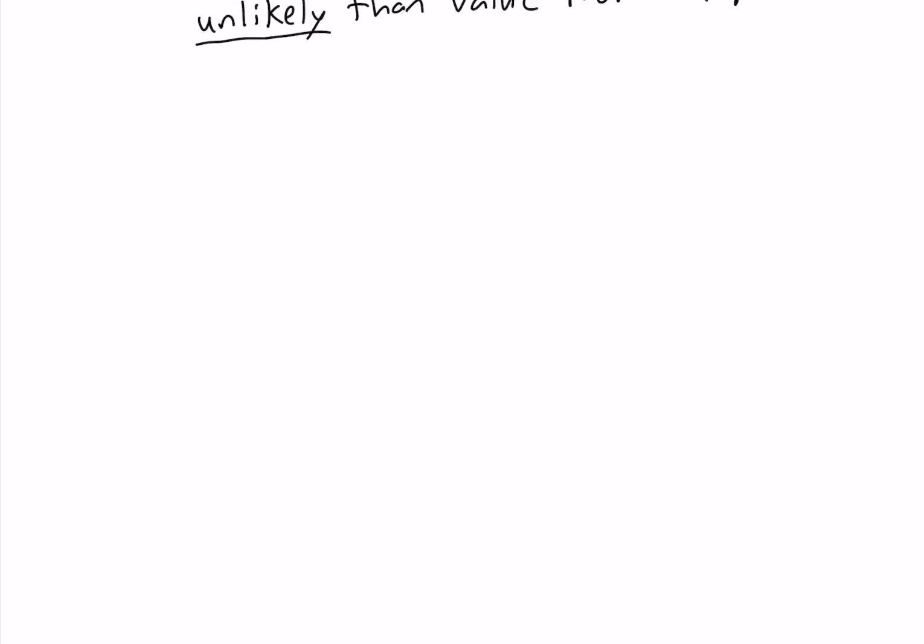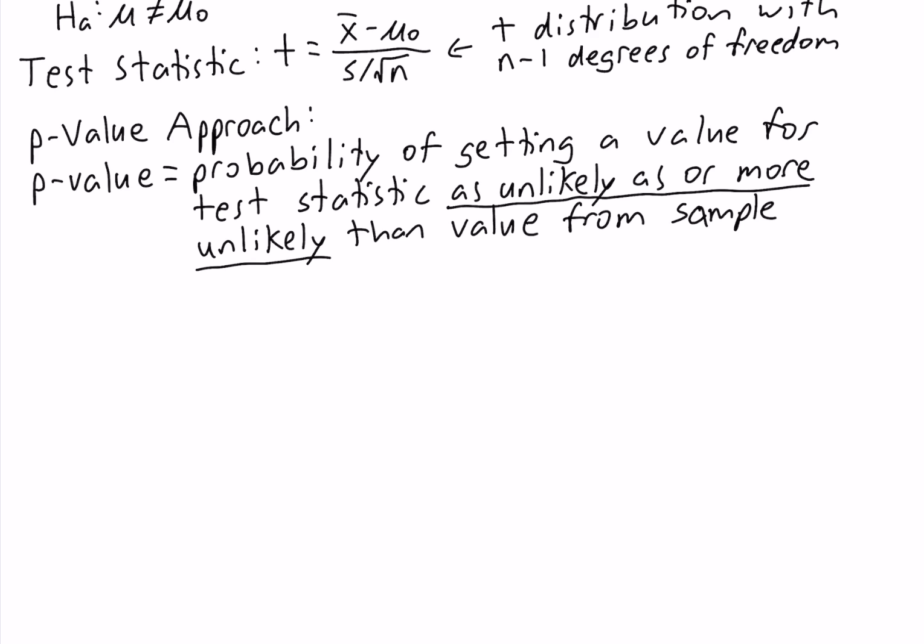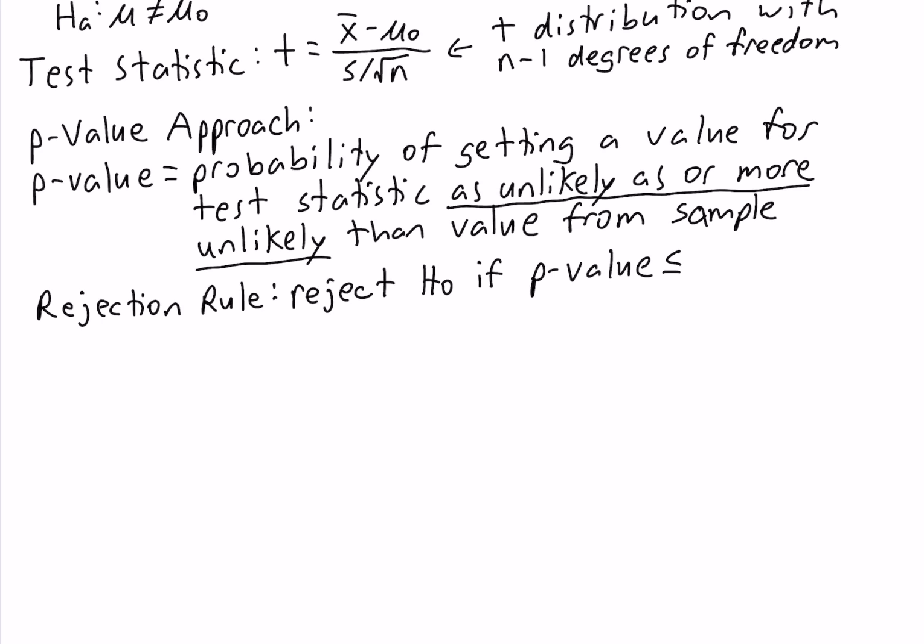So the next step is to use the rejection rule for the p-value approach, which says to reject the null if the p-value is less than or equal to the level of significance.